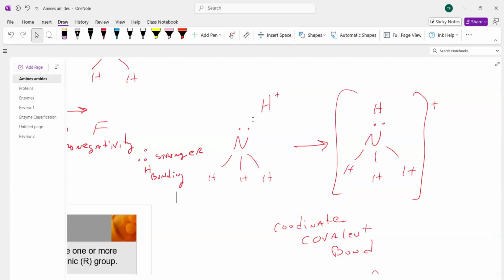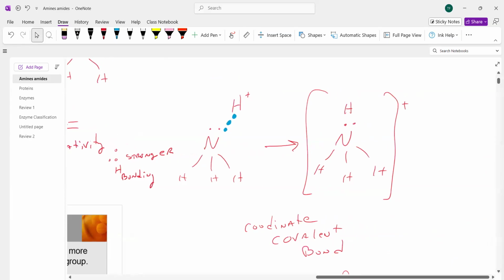So what happens is, let's do this in a different color, it forms a coordinate covalent bond with the electron pair on the nitrogen.